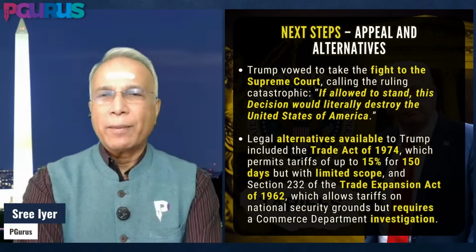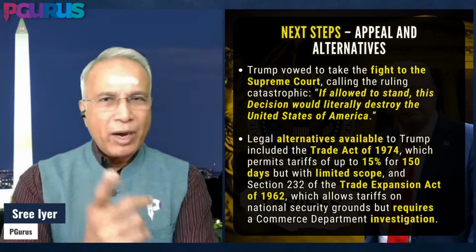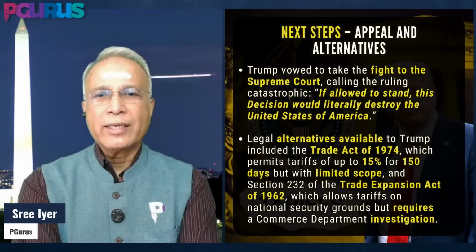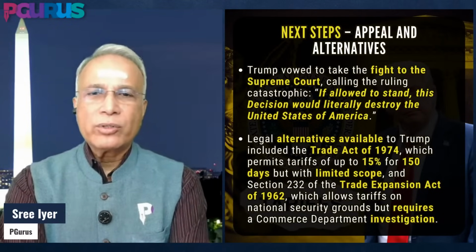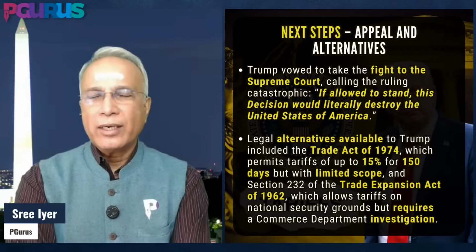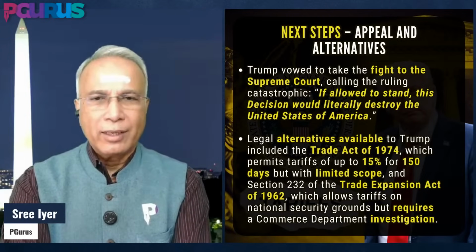What are the next steps? Appeal and alternatives. Trump vowed to take it to the Supreme Court of the United States, calling the ruling, if allowed to stand, a decision that would literally destroy the United States of America.